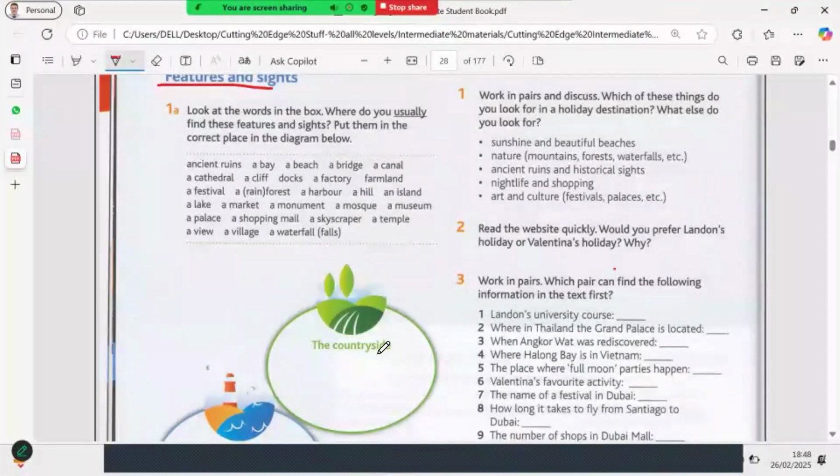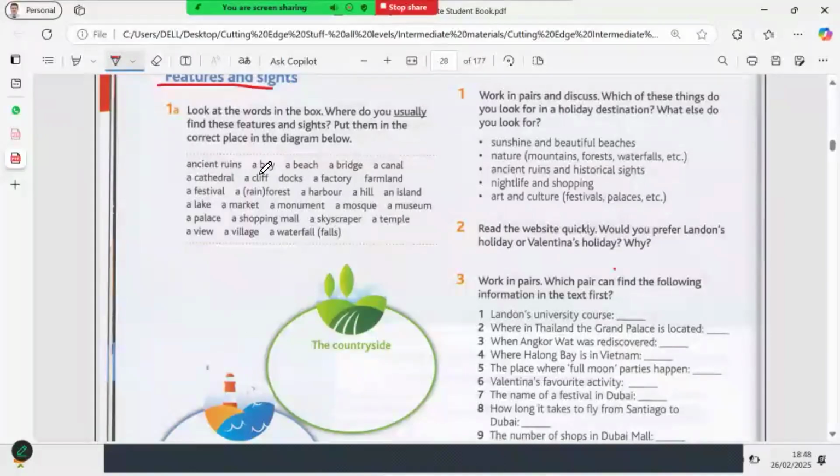Yes, in the city. Ancient ruins, the monuments, أو الآثار القديمة, we usually see them in the city, right? In the city, yes. In my opinion, you can find them in the countryside or the coast. But generally speaking, most ancient ruins are found in big cities.